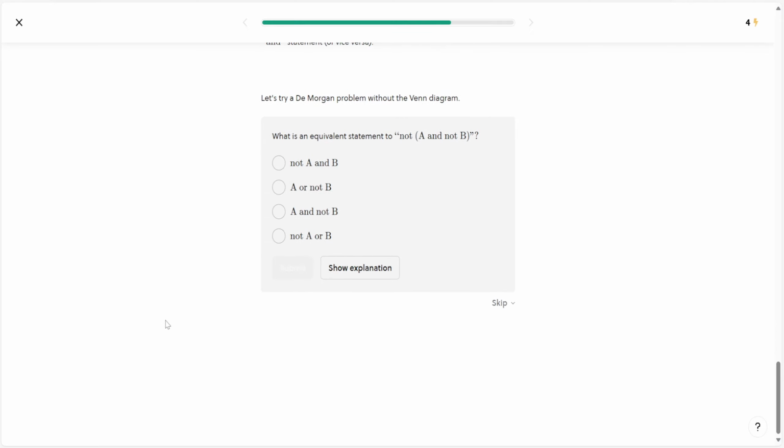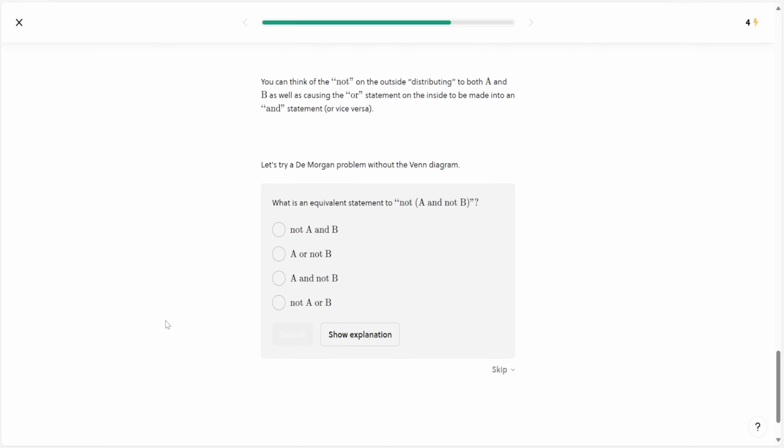Let's try De Morgan's problem with the Venn diagram. What is an equivalent statement to not (A and not B)? Right, I'm getting some paper. I can't do this without paper.